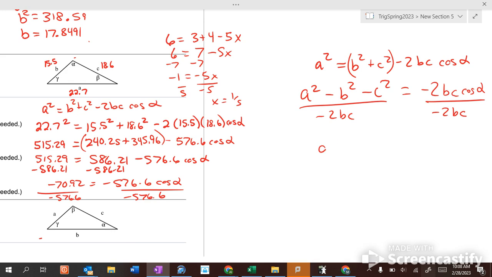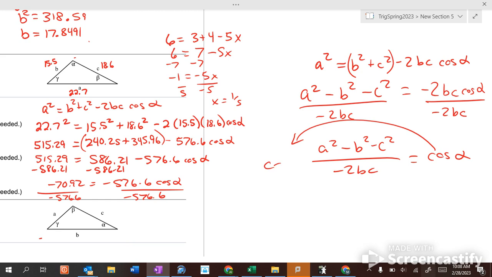So I have a squared minus b squared minus c squared all over negative 2bc, equals cosine of alpha. How do I get alpha alone? We did the inverse cosine. So it's really the inverse cosine of that.